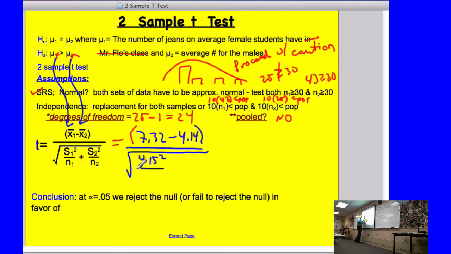I got to square that. Divided by the 25 plus males. So that one was a smaller one. So it looks like females have a larger count than males, but they have a larger standard deviation. But does that matter in the end? And there were what, 43 males, right?